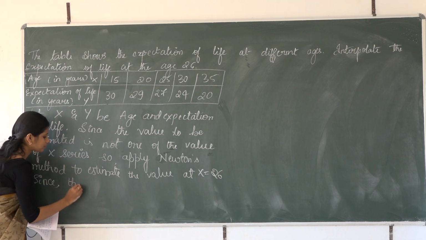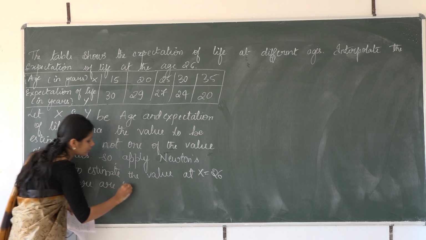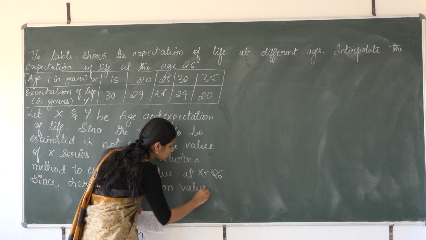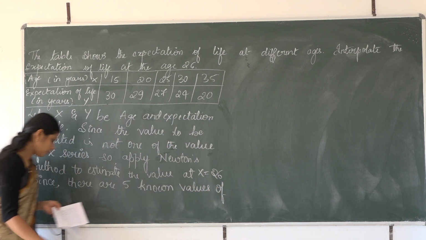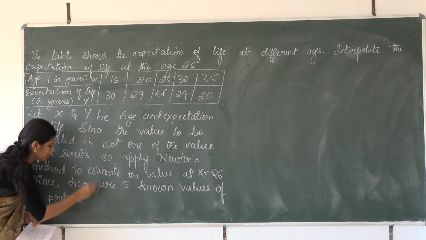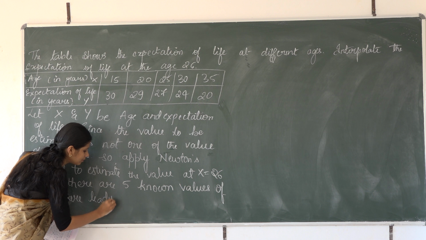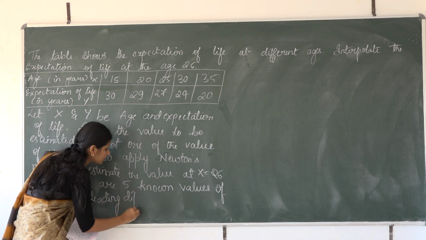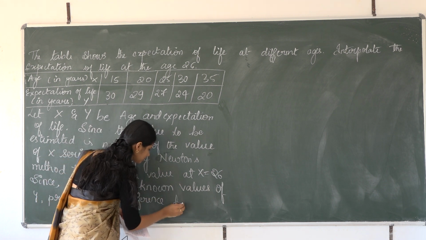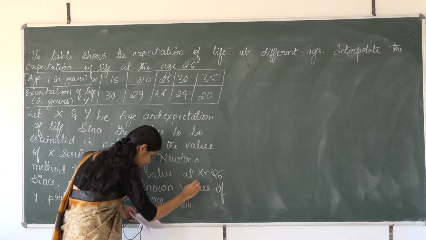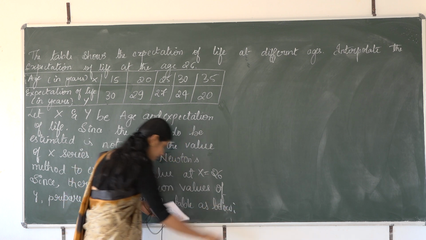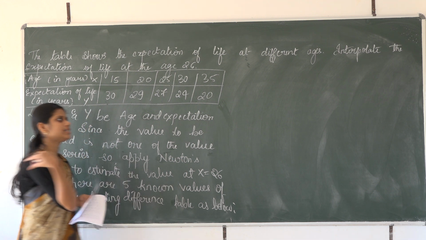Since there are 5 known values of y, prepare the leading difference table as below. Now we are going to prepare the leading difference table.